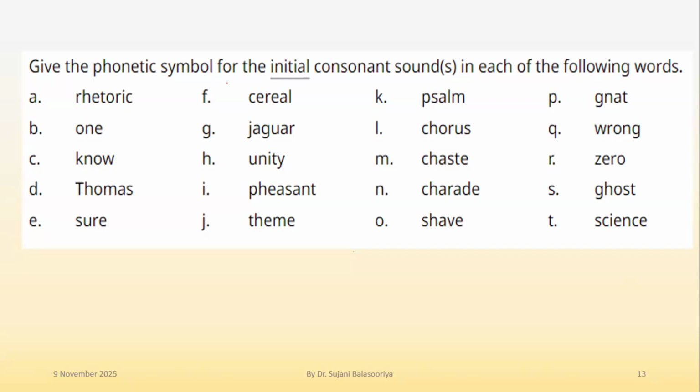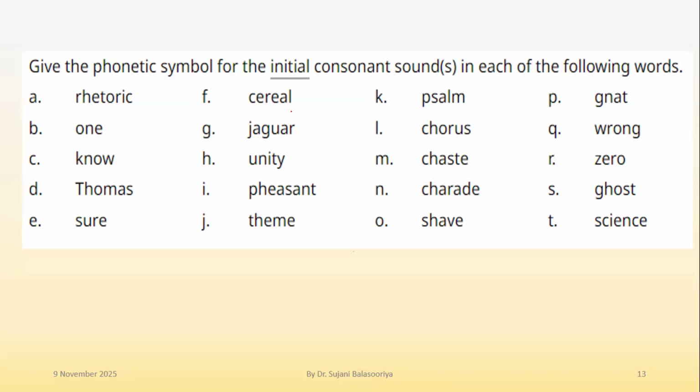If this question is not included in the lecture note, take a photo of this, and without referring to any dictionary or anything, try to identify the initial consonant sound in each of the following words, and accordingly give the phonetic symbol.